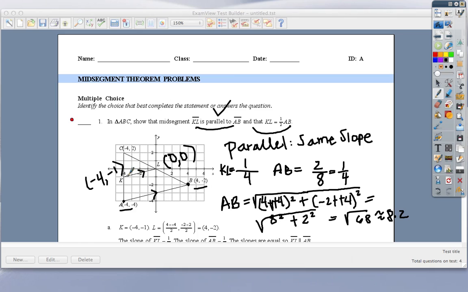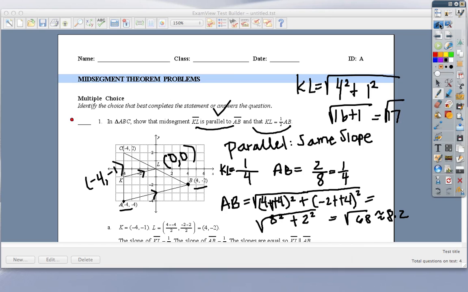Let's check what the distance from K to L is by using the distance formula. So KL equals the square root of 0 minus a -4, which is just +4, squared, plus 0 minus a -1, which is just +1, squared. 16 plus 1. That's the square root of 17.